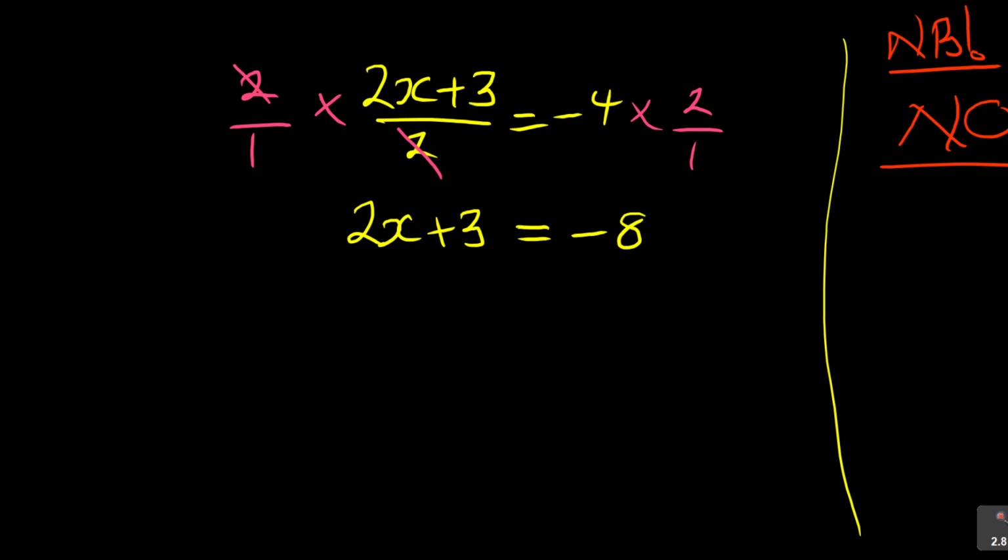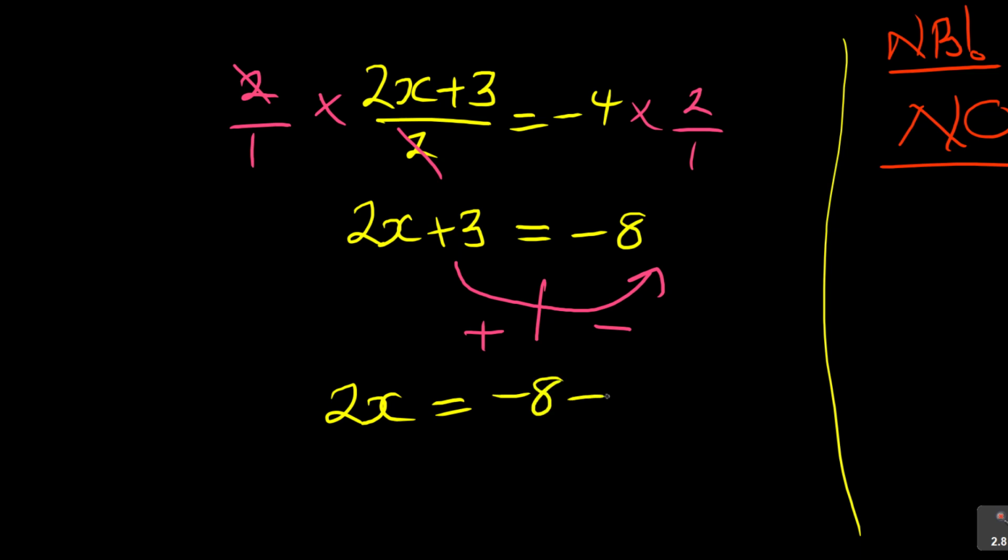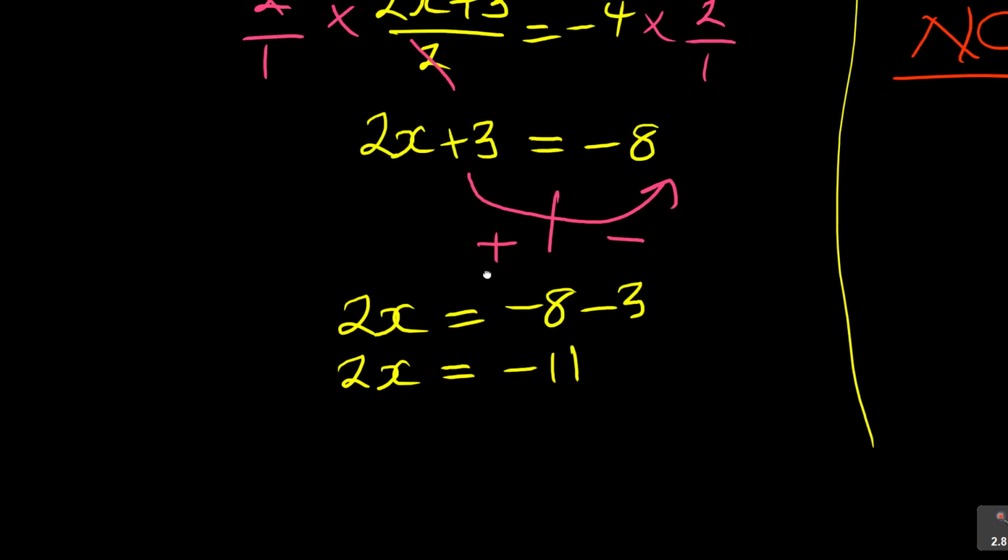Then at this stage, there is 3. It can jump the equal sign from positive to negative to join 8. So what do we have? 2x is equal to negative 8 and minus 3. So 2x is equal to, you remember, you add and keep the sign, but check it with the calculator. 8 plus 3 is 11, but the sign there is negative 11.